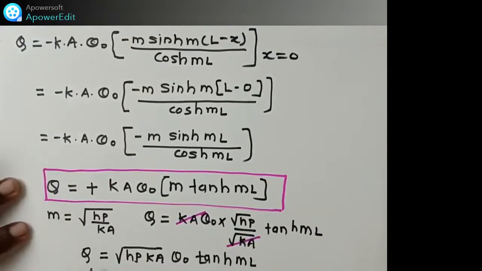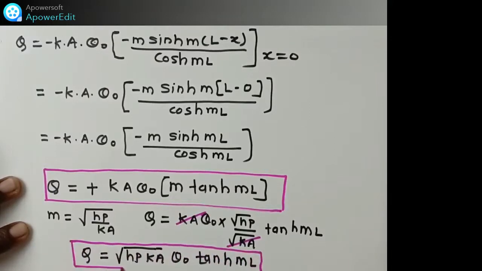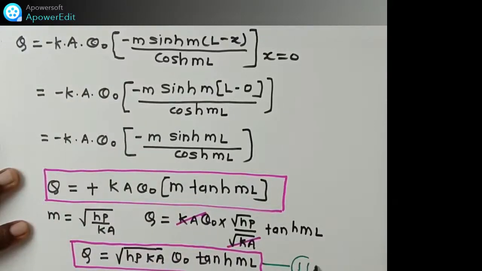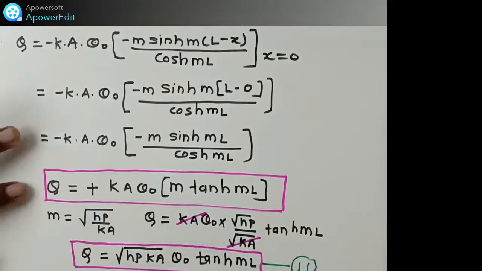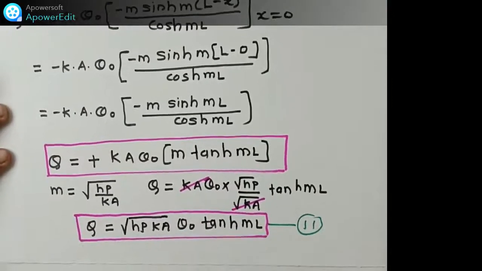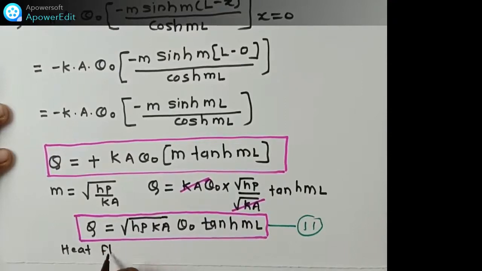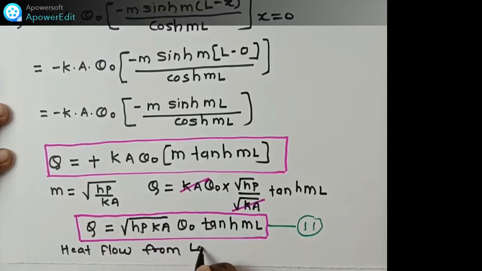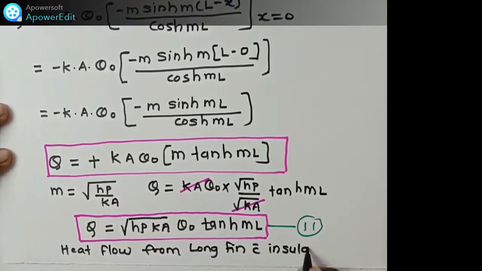So this will be the equation for heat flow rate from the long fin, that is heat transfer or heat flow from a long fin with insulated tip.